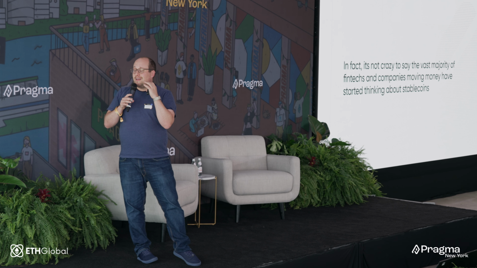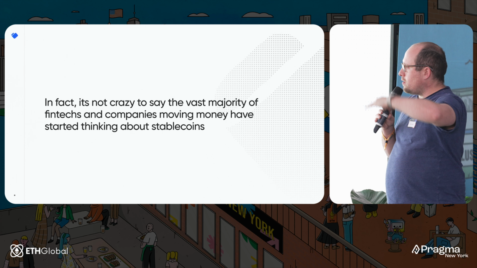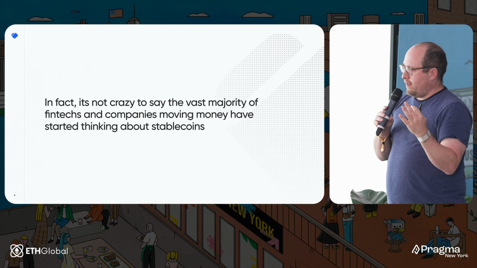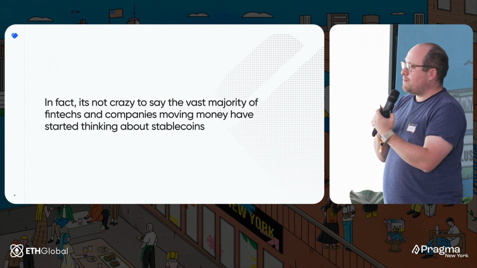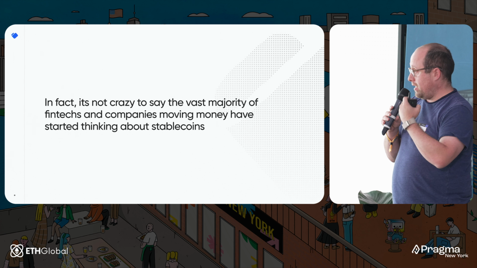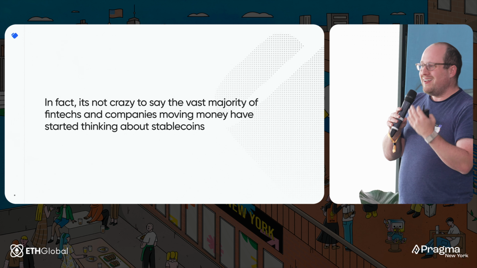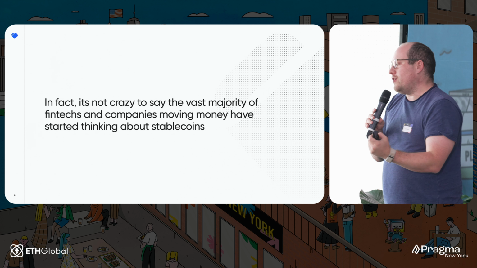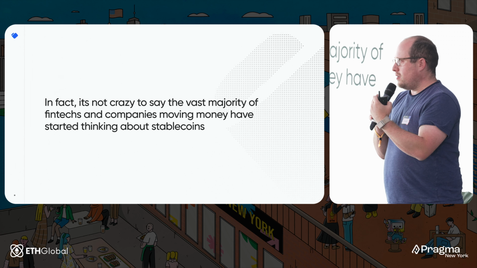In fact, I don't think it's crazy to argue that if you were to sort and rank the top 50 fintechs globally, and then rank the top companies that aren't necessarily fintechs, but are in the business of moving money, so the Ubers and Airbnbs of the world and the global payroll companies, I'm willing to take a bet that the vast majority are somewhere along their journey of evaluating how stablecoins and crypto can affect their business, which is this wild shift that has happened in the last couple months.